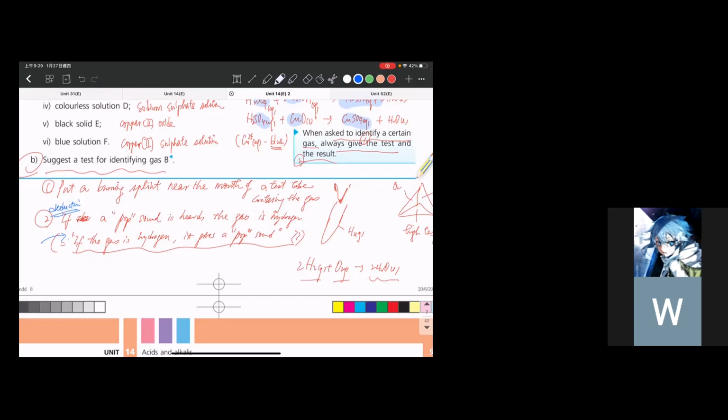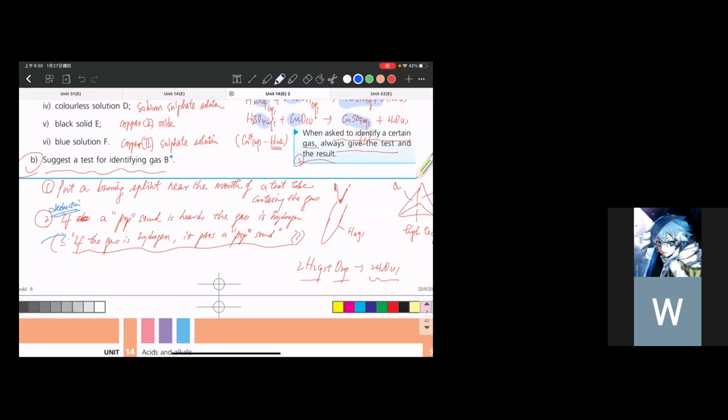If the gas is hydrogen, it gives a pop sound. I give you another sentence. How about the other gas? If the gas is some other gas, it also gives a pop sound. Other gases will not give the pop sound.